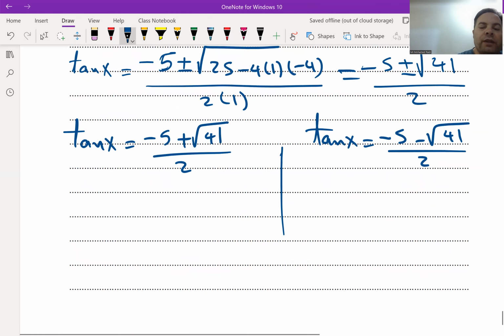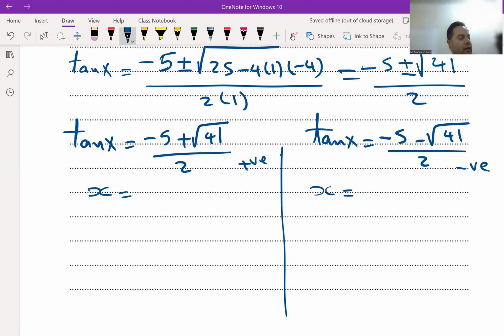Now, this value is positive and this value is negative. Find the principal angle for each. For the positive value, x equals shift tan of -5 plus root 41, divided by 2. Don't forget, find the principal angle. So the principal angle is 35.05.